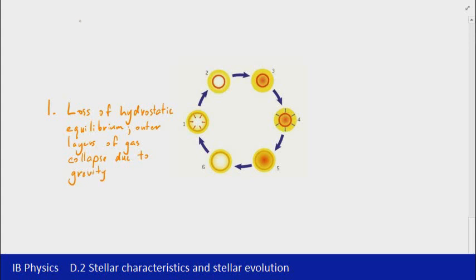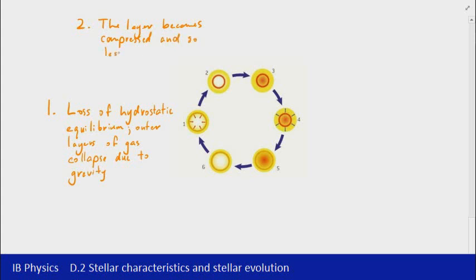So that then has a fairly significant effect. The reason why we get the loss of hydrostatic equilibrium is basically that fuel sources get used up. We then go on to the second step. That means that the layer of gas becomes compressed, and if we have a greater compression, that then means that it's also going to be less transparent.